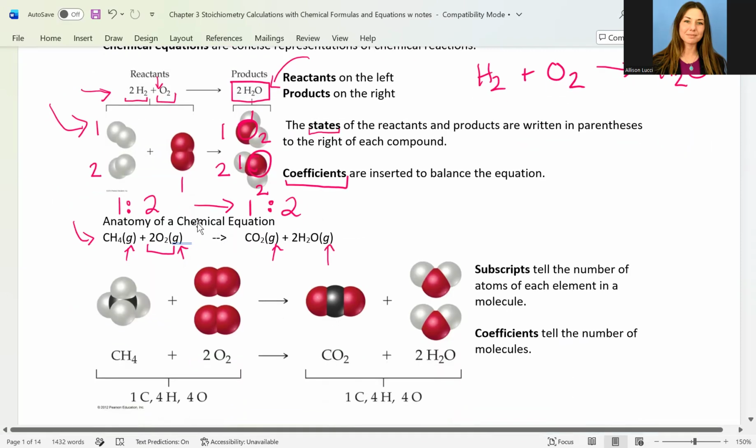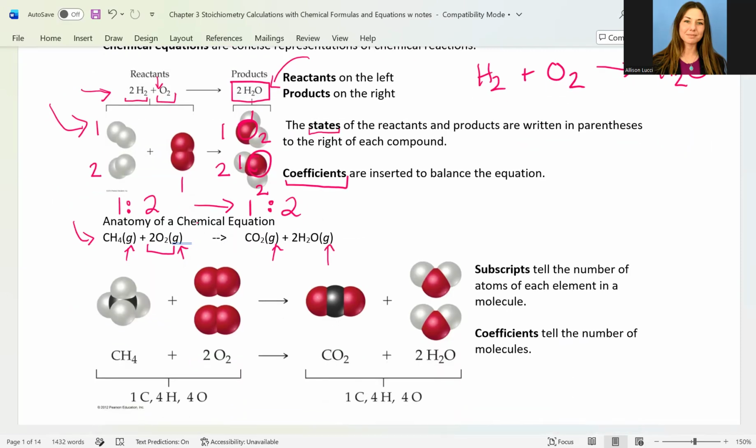So the subscripts that we looked at before, they tell us the number of atoms within the molecule. So a subscript is down here. So there's 2 hydrogens in each water molecule. And then the coefficients, that tells us the number of molecules. So we have 2 moles of water here, and water itself has 2 hydrogen atoms.